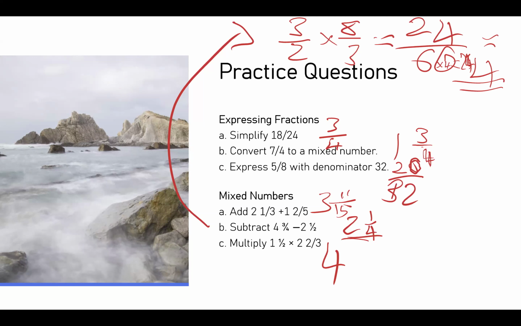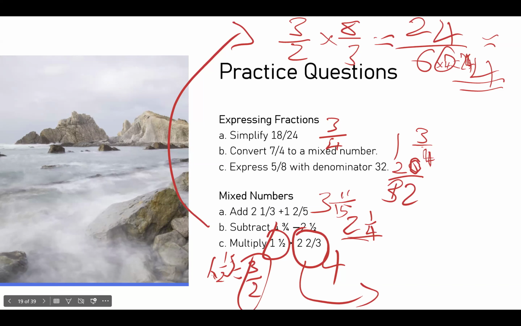Also, for multiplication, what we have to do is turn both of these into improper fractions. So 1.5 equals 3/2, because 2 times 1 is 2, add 1, which is 3. And this would become 2 and 2/3.